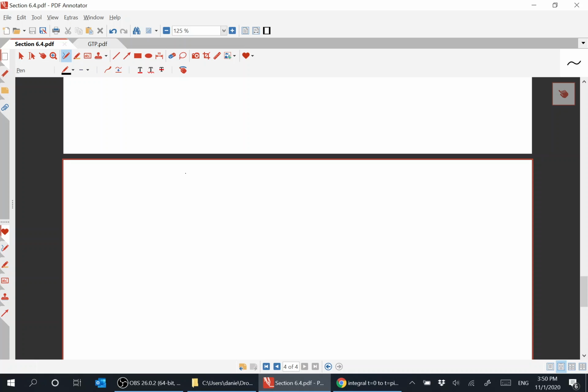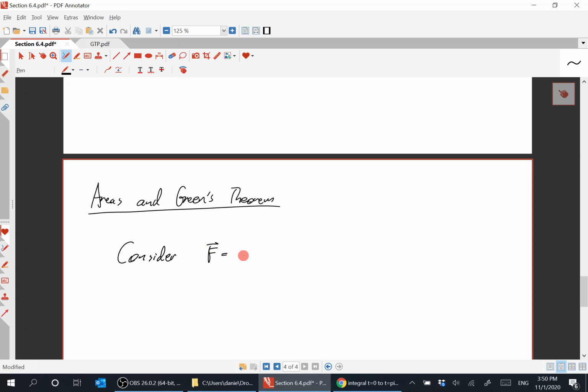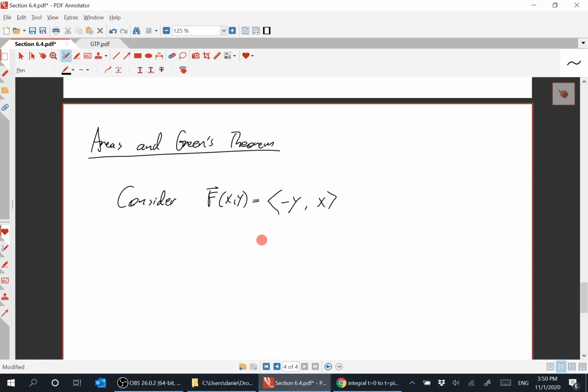Here's an interesting connection between Green's theorem and areas. So consider the vector field, that whirlpool vector field that we've been talking about since the beginning of the chapter, minus y comma x.